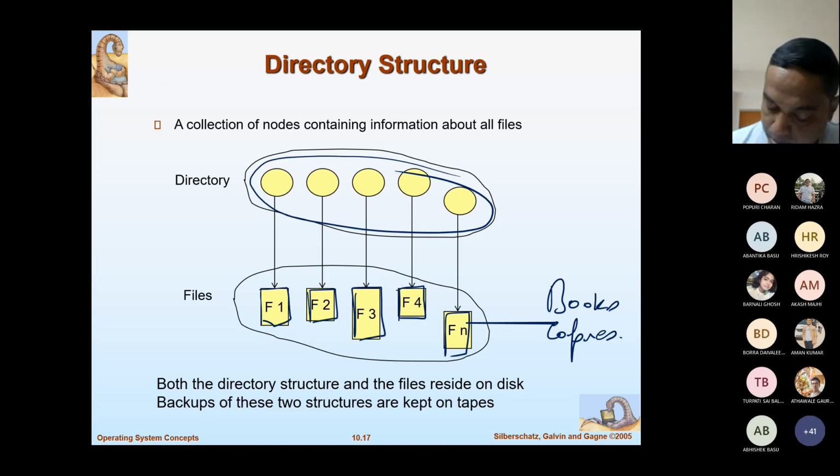Mind it, both this directory structure and the actual file reside in the hard disk only. Just like the content page and the actual content of the chapter both reside in the same book, the directory structure and the actual files both reside in the same hard disk.